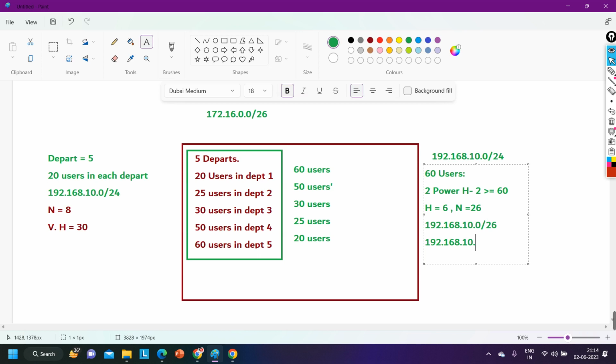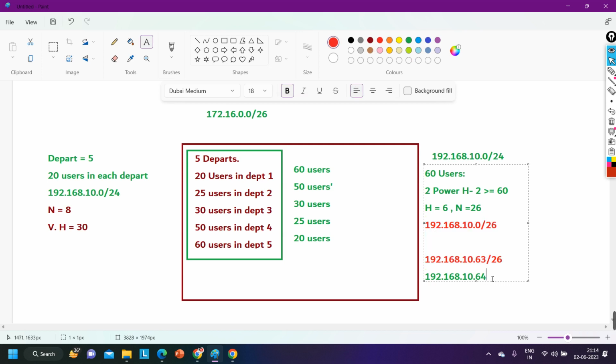Not 64 plus 64, the next network will be 64 only. So this network is now free. This network will end on which IP address? 192.168.10.63. Now /26, I have reserved this network for which department? For department 1.